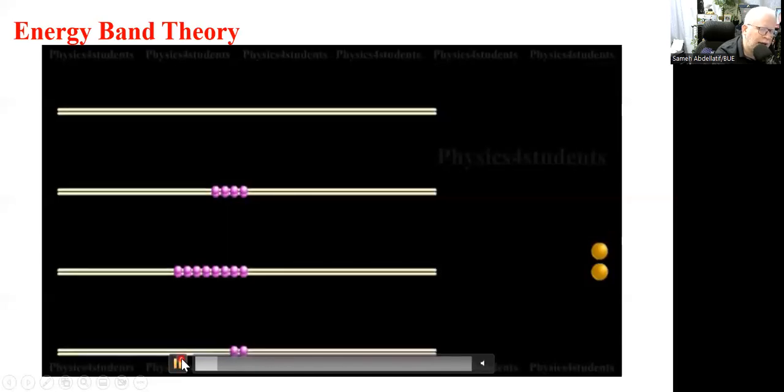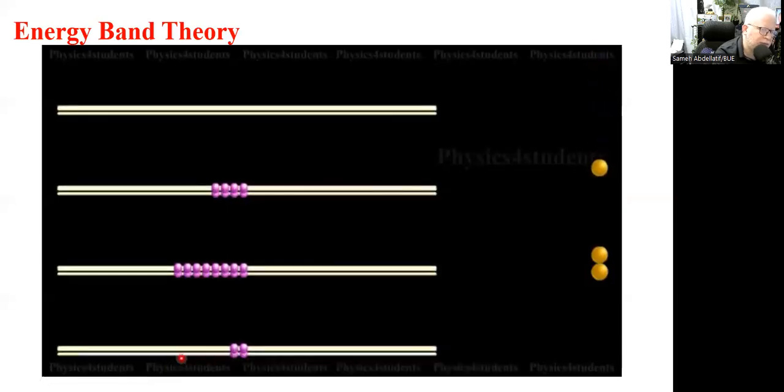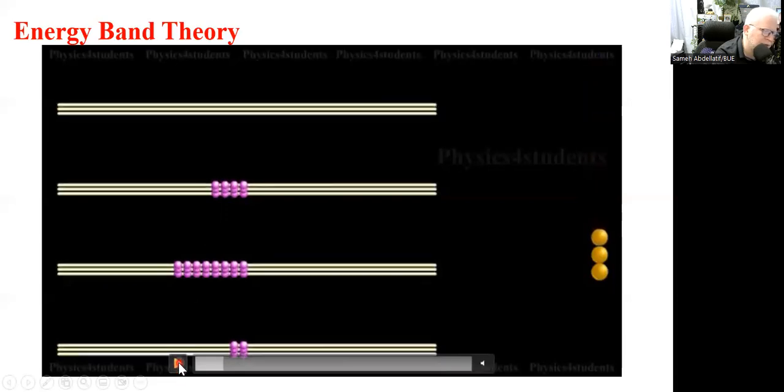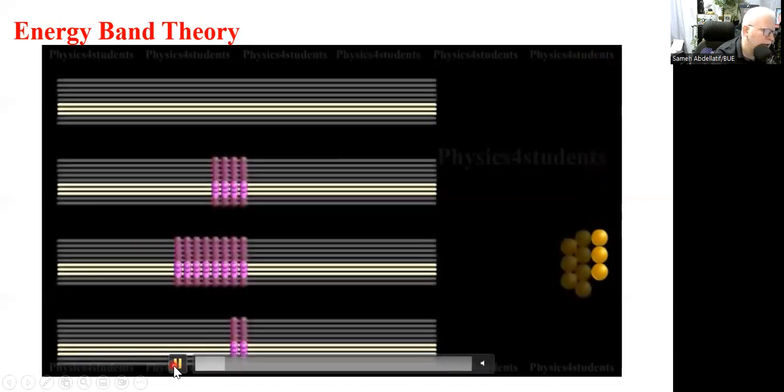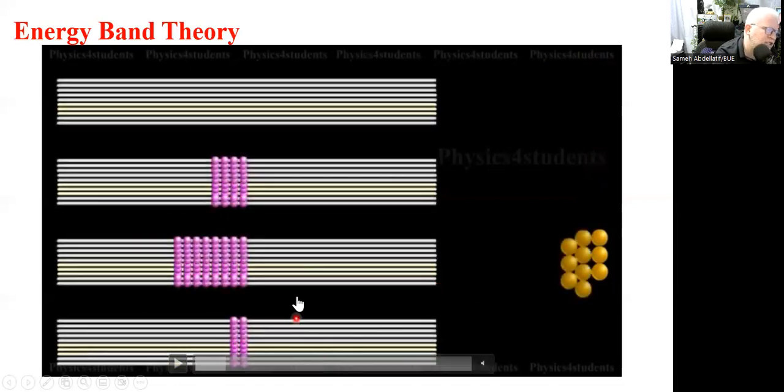Then you will have a third energy level, as you can see. This third atom with this third energy level overlaps with the old 2 energy levels till we reach this shape. In this case, my dear students, the energy level concept is transferred to what's called an energy band.